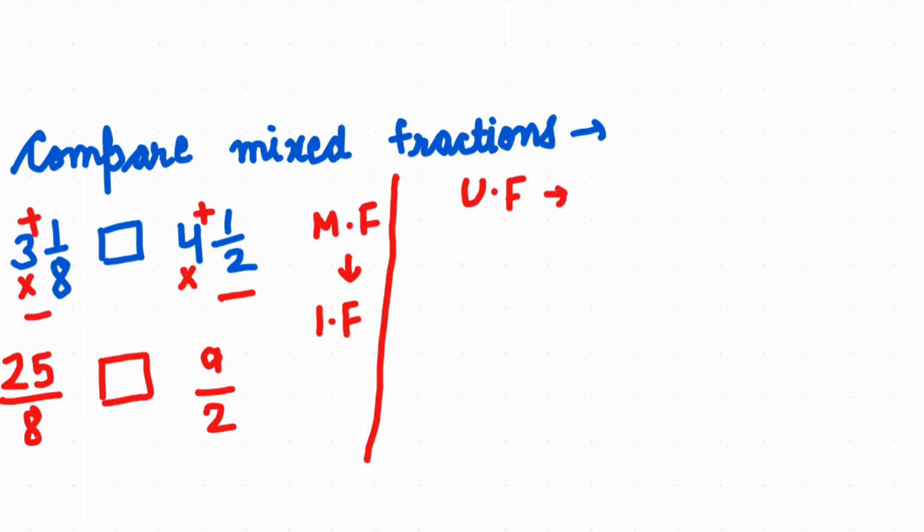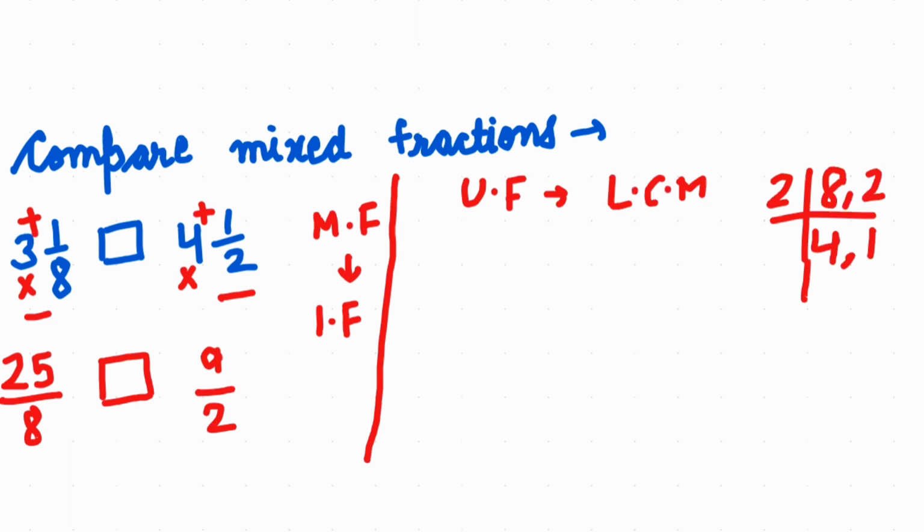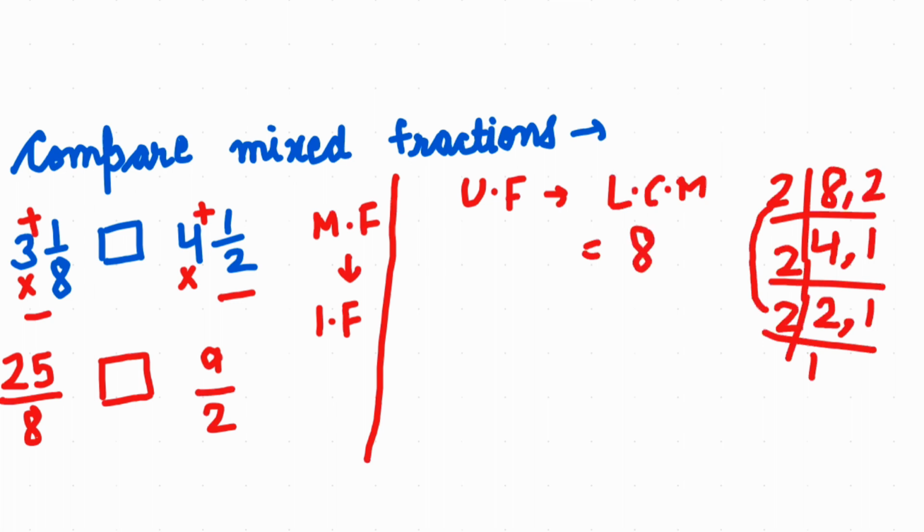And to make the denominator the same, we will take the LCM of the denominators. The denominators are 8 and 2. Let's take the LCM. 2 4s are 8, 2 1s are 2. 2 2s are 4, 1. 2 1s. So the LCM is 2 2s are 4, 4 2s are 8. So we have to make the denominator 8 in both the fractions.